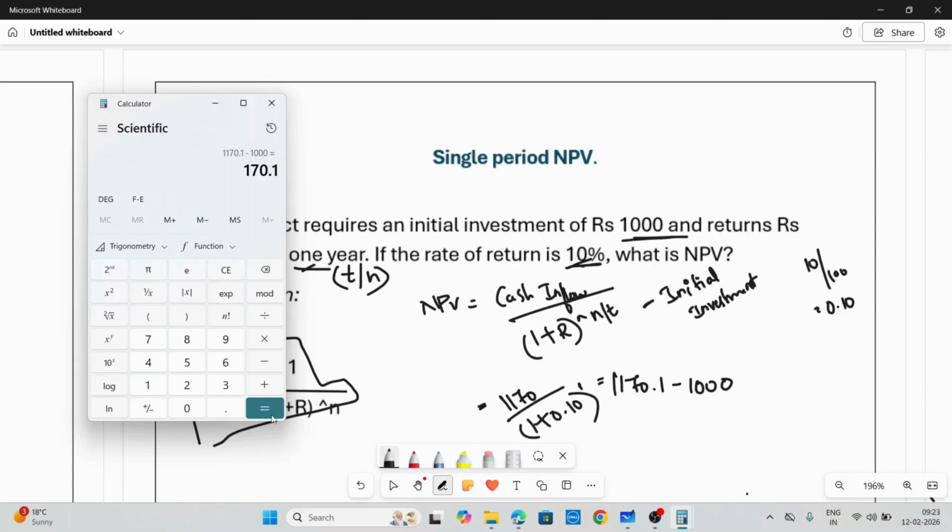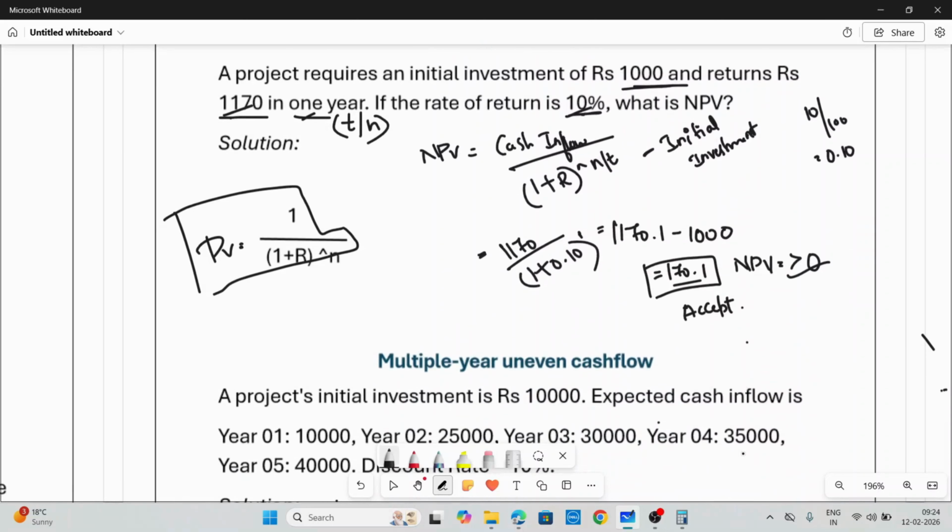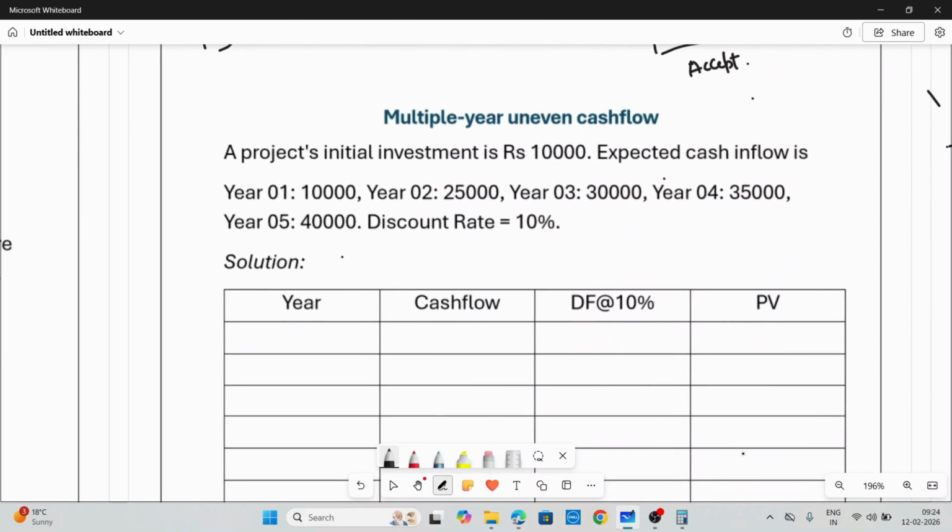So what's the answer? It's 170.1. So this is the profit. Is this profitable? Does this answer satisfy the condition that NPV should be greater than 0? Yes, right? So you accept this project. That's it. Now let's move with the second question.